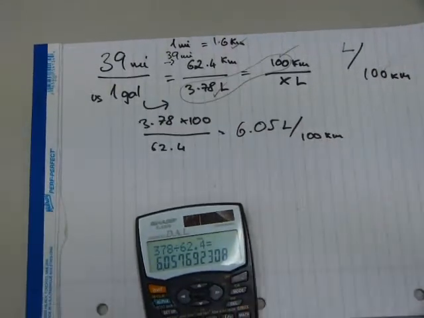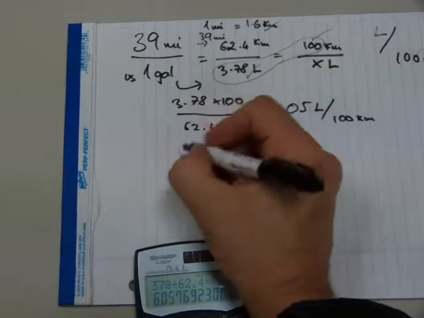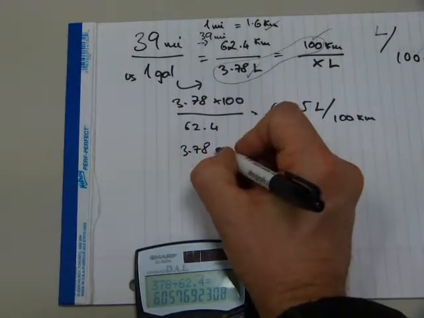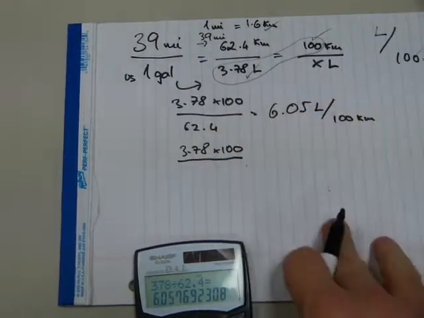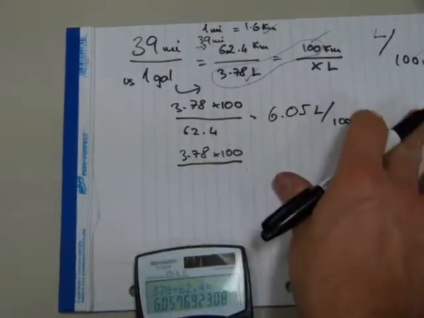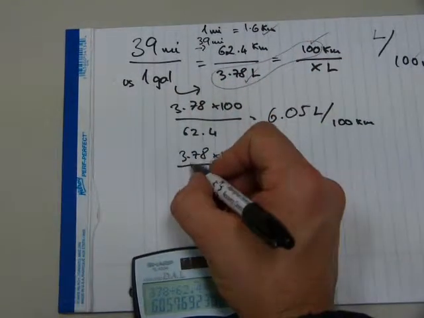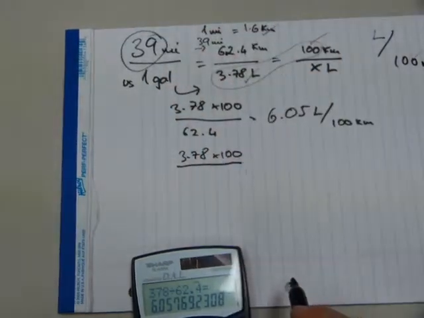Now, what do we do here? The 3.78 was multiplied by the 100, and that 62.4 number that was created by the variable, the 39 miles per gallon.